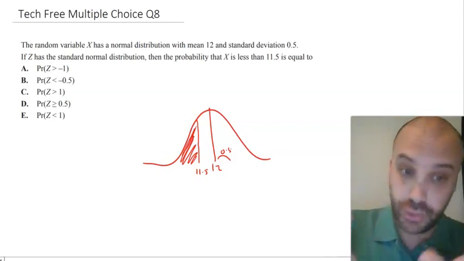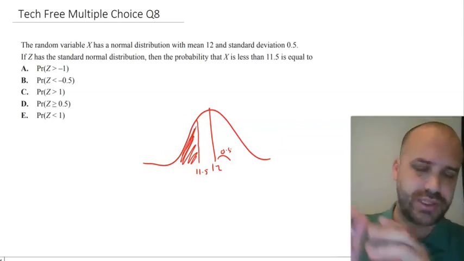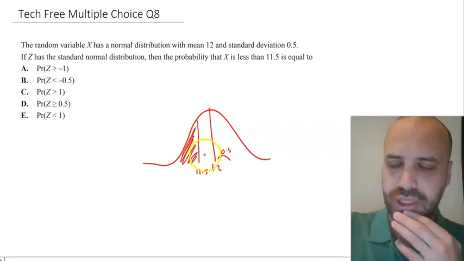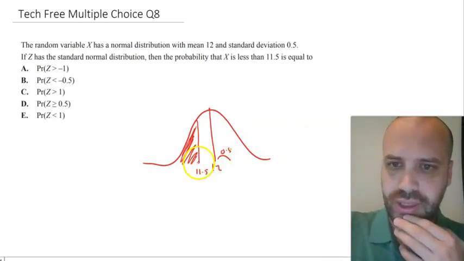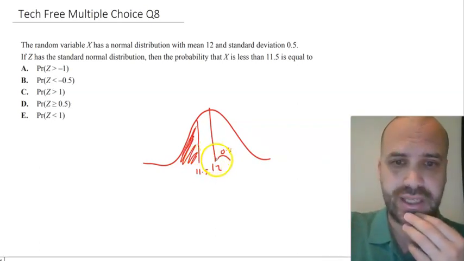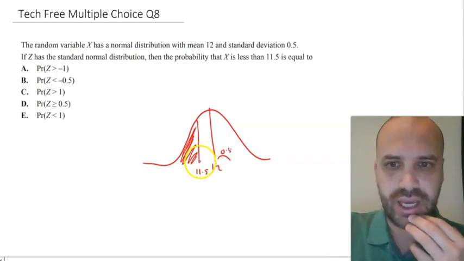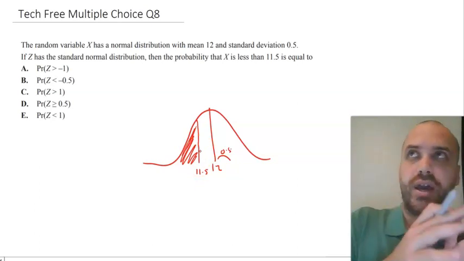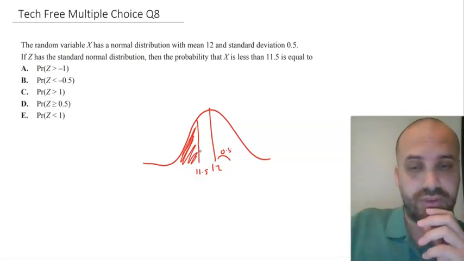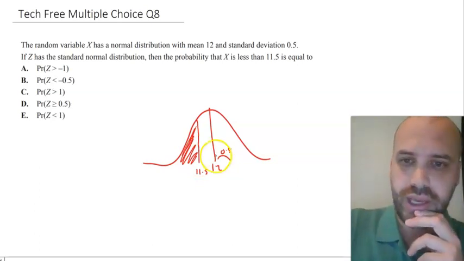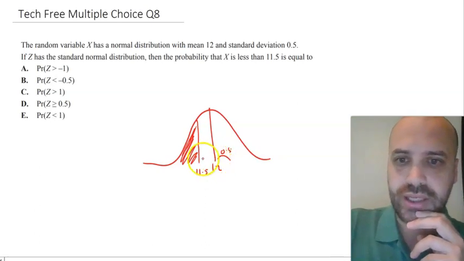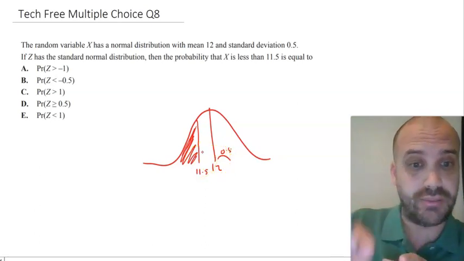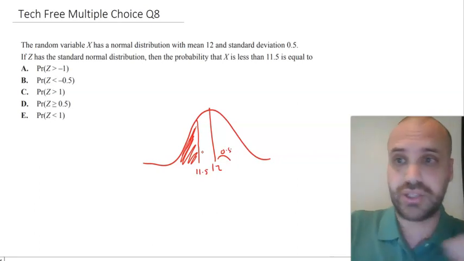Okay, looking at the picture, I'm going to solve it a different way in a second, but you can see that the number 11.5 is exactly one standard deviation less than the mean. Z-scores tell you how many standard deviations you are away from something. And so we are one standard deviation less than the mean, minus one standard deviation.